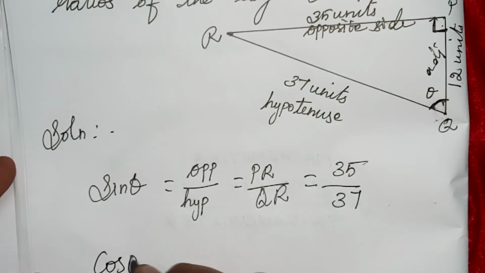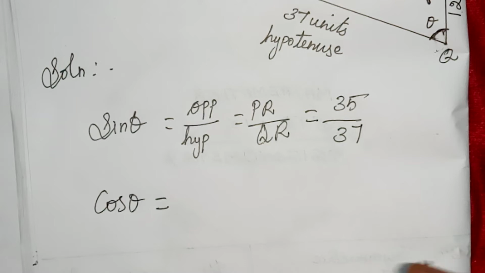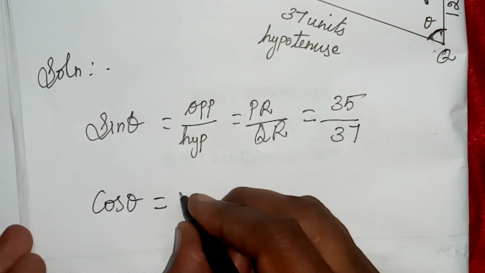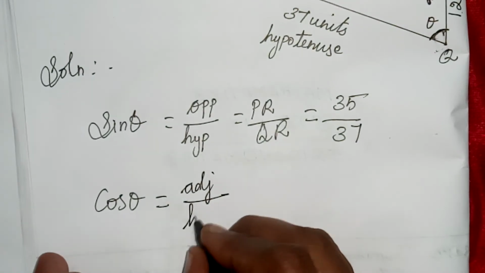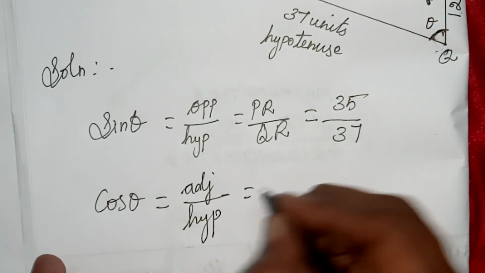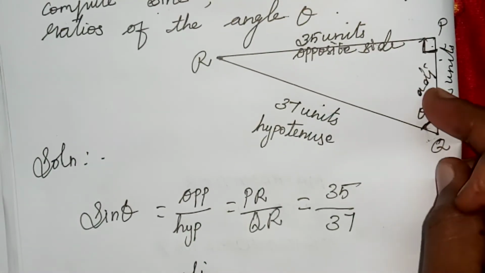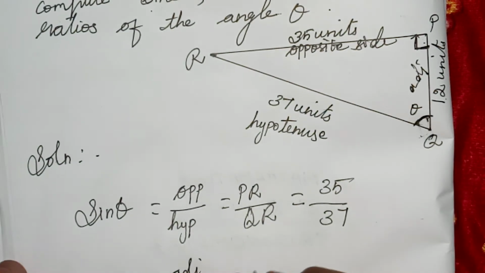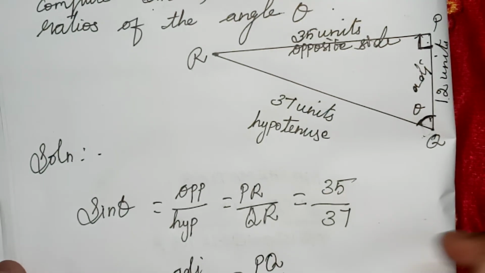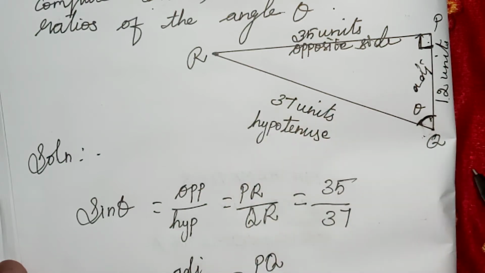Next, cos theta is equal to adjacent side by hypotenuse. Which is the adjacent side? PQ is the adjacent side, divided by the hypotenuse QR.